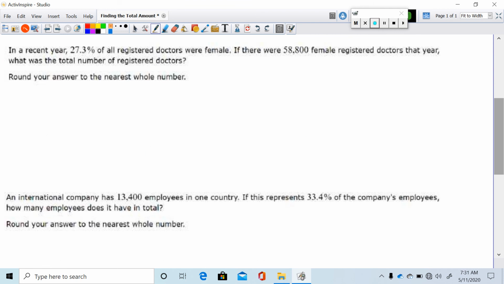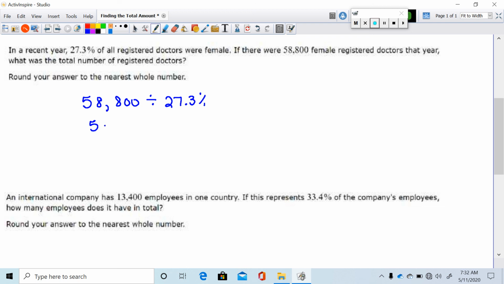In a recent year, 27.3% of all registered doctors were females. There were, okay, the number that's not the percent, that's your partial amount, 58,800 female registered doctors that year. What was the total number of registered doctors? So we're going to divide by the percentage, 27.3%.